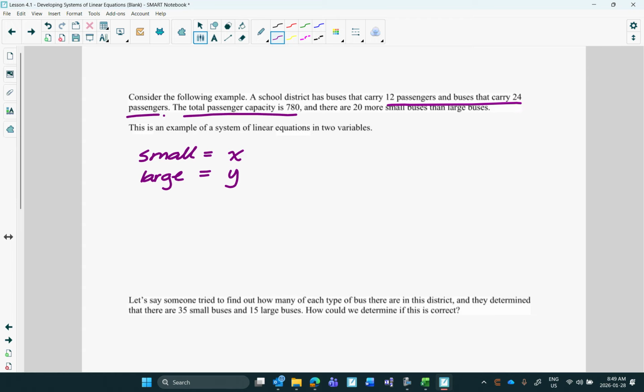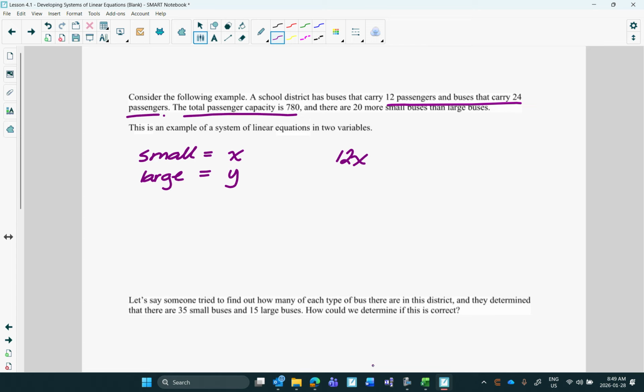If there were 3 small buses and each one has 12, 12 times 3. If there were X small buses and each one has 12, X times 12 or 12X. So that's how many passengers on the small buses total.